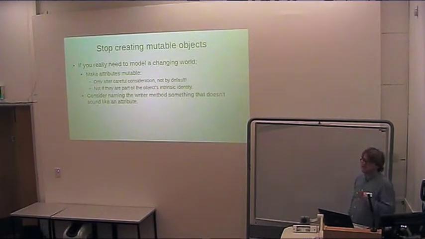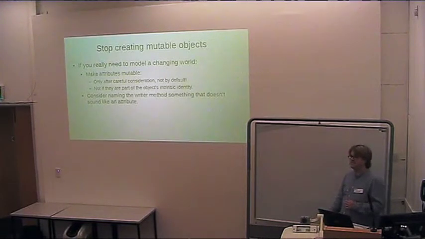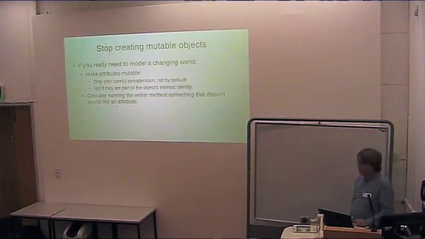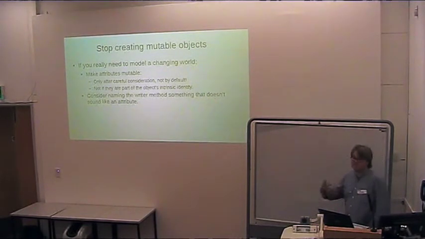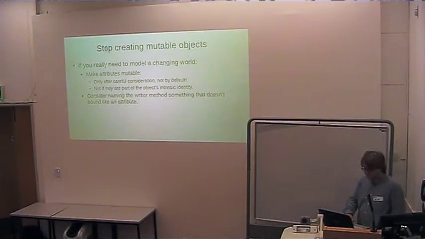And with things which are less about what an object's identity is, you have a bit more wiggle room. You can actually make a few read-write attributes. And yeah, consider renaming the writer method, something to make it obvious that you're actually doing something to the object.